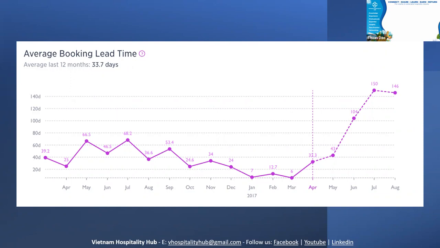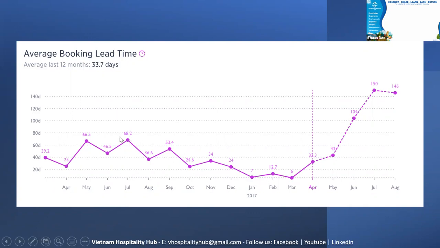But if you are in January, with just a 7-day booking lead time, and you are now 30 days in advance and the booking has still not come yet, it's still fine, because it will come within 7 days.